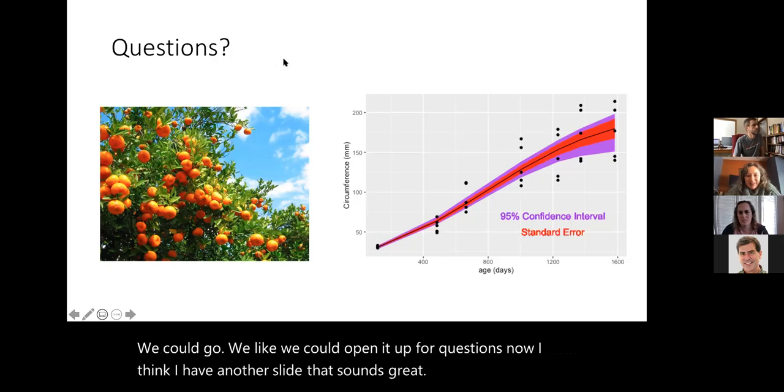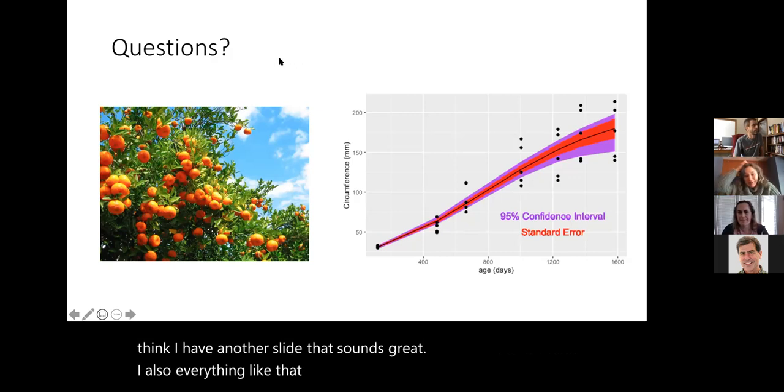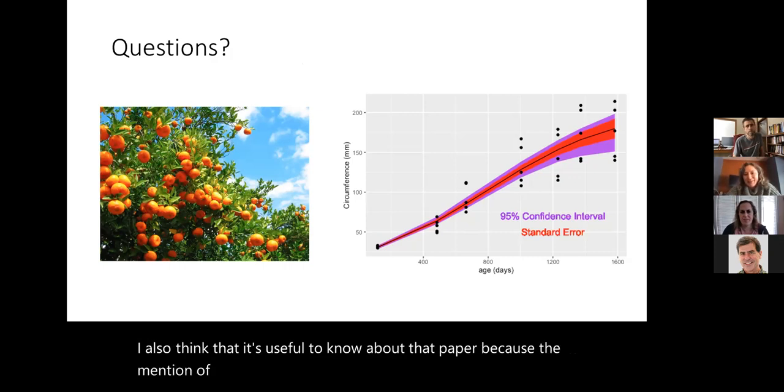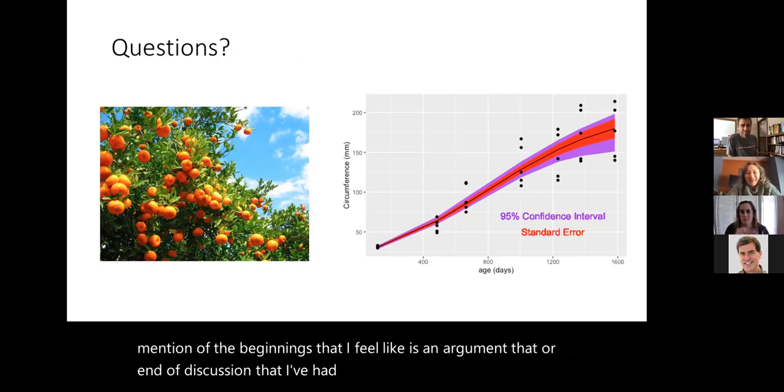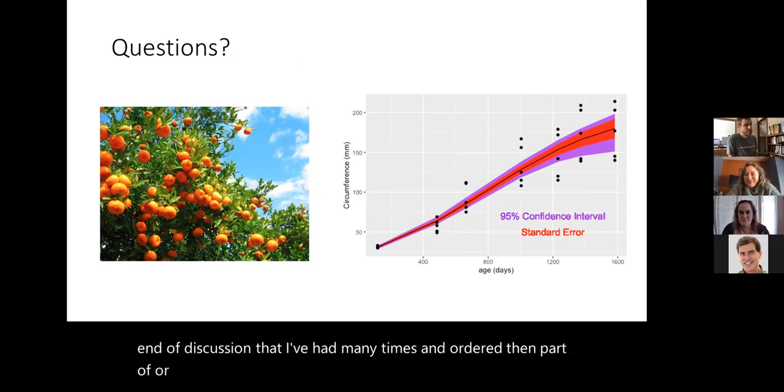I will start by saying that it's useful to know about that paper because they mention in the beginning an argument, or a discussion, that I've had many times or been part of. It's just useful to know there's a short paper you can refer to when the error bars aren't overlapping.